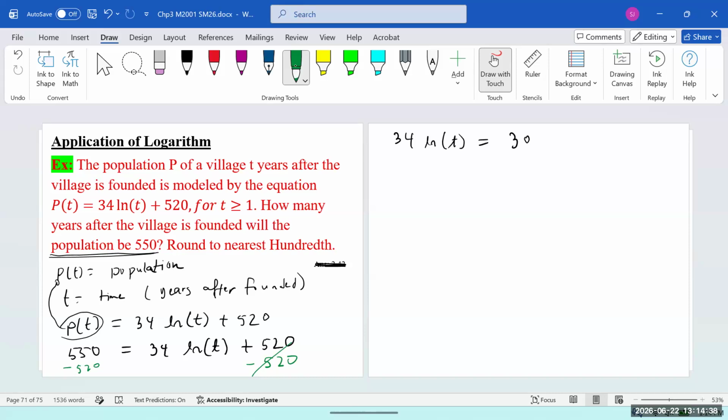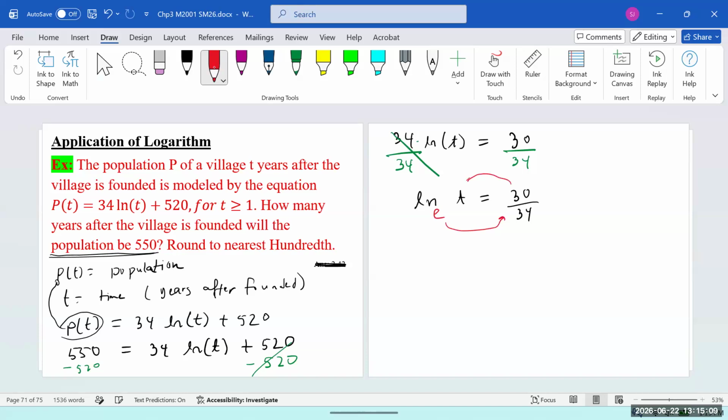It's 34 times ln of T. Divide. It's times, right? Here, times. So they cancel out. We have ln of T equals 30 divided by 34. And now the last thing to do: we have an invisible E here, right?